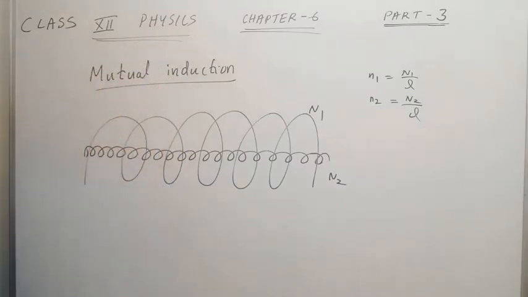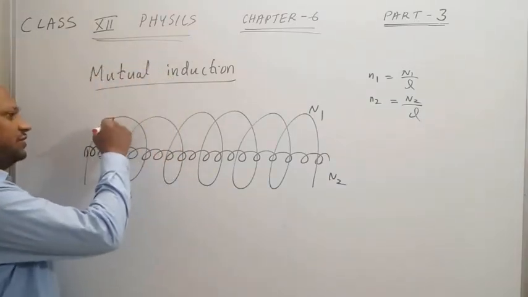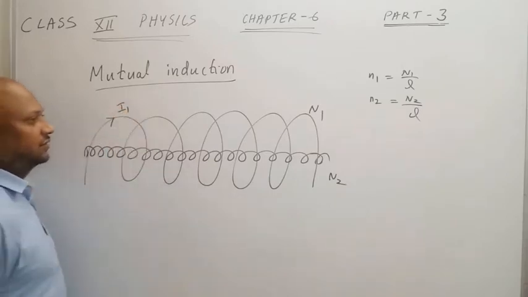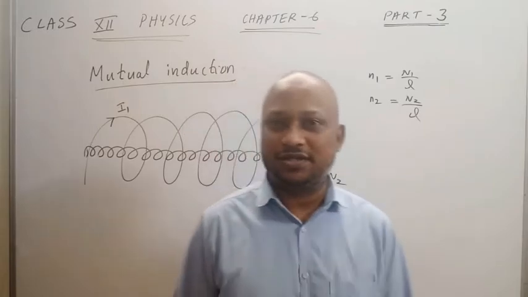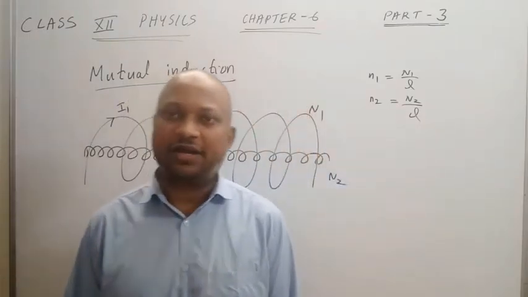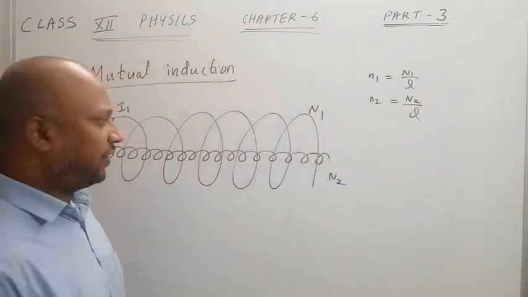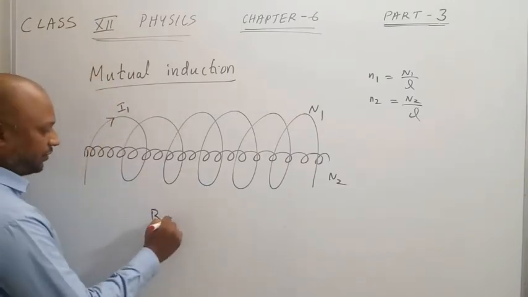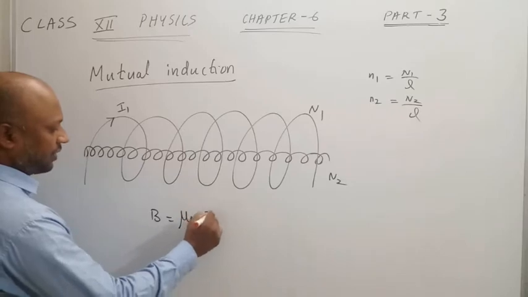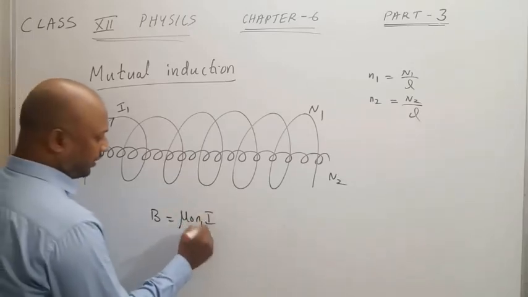If you pass a current I1 through the first coil, then we know that there is a magnetic flux in the coil, because we have already derived the magnetic field for the solenoid: B is equal to mu naught n i. So it will be mu naught n1 I1.